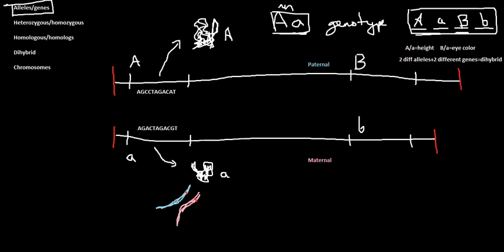This is the meat and potatoes of what a dihybrid cross is. That's all it is. You have two genes and there's a different allele for each gene.